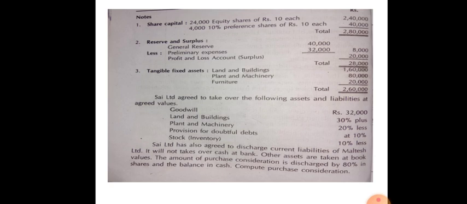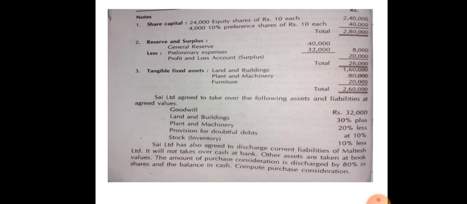It means Sai Limited is the transferee company and Maltesh is the transferor company, because Sai is taking over the business of Maltesh Limited.